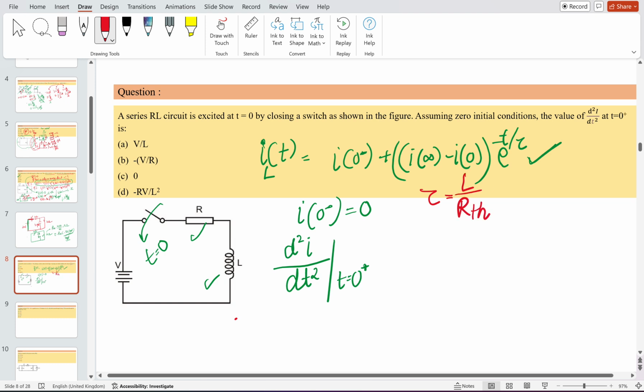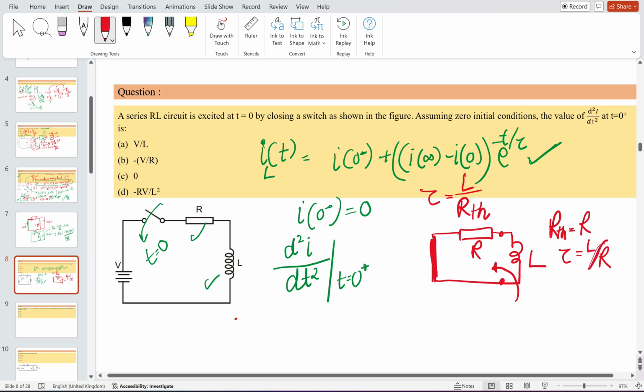At t equal to 0 plus, this switch will be closed, and then you have to short circuit this voltage source. So this will be simply R and this will be simply L. Now find the equivalent R across the L. It will be simply RTH equal to R. So that's why tau is simply L by R.